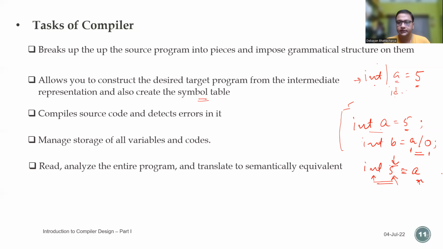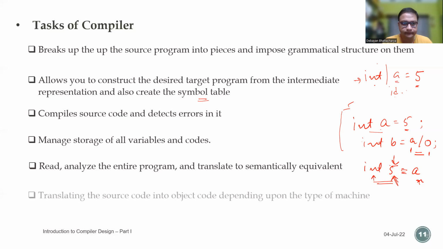Because in C or any other programming language, that particular a will be treated as a variable and the 5 value will be treated as a constant value. So this cannot happen. So this is not meaningful. This type of error is also handled by the compiler.